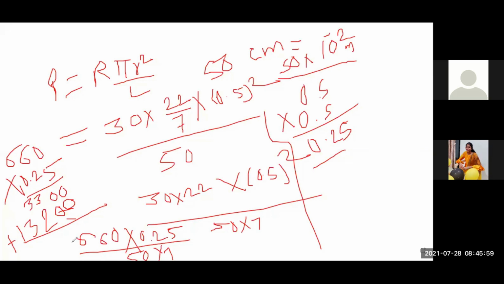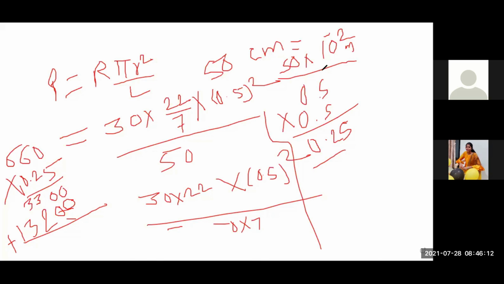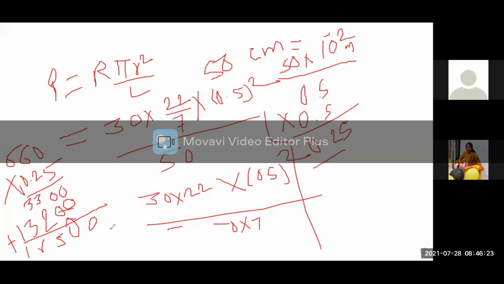Tell me now this addition. 165. 0, this 0, 5, 6. Okay, 16,500. And then divide by this 350.